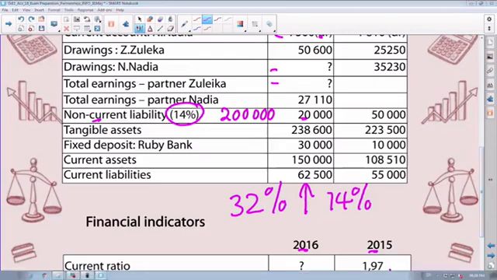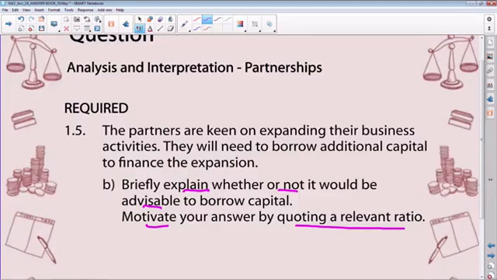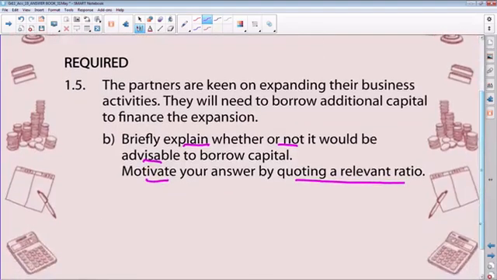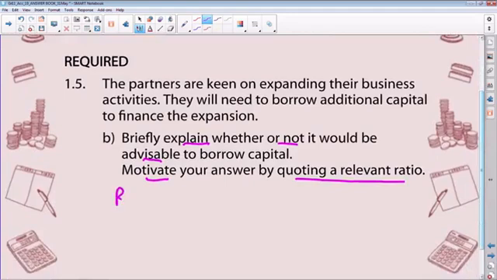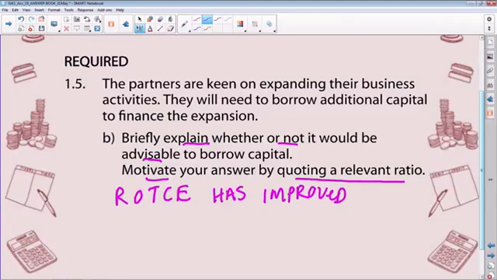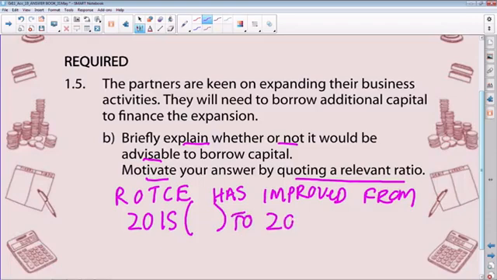So let's now write this down, or let's quote all of this in our answer booklet. Right, so we've got the following. Our return on total capital employed has improved from 2015, in brackets, quote the ratio, I'll do that in a moment, to 2016.